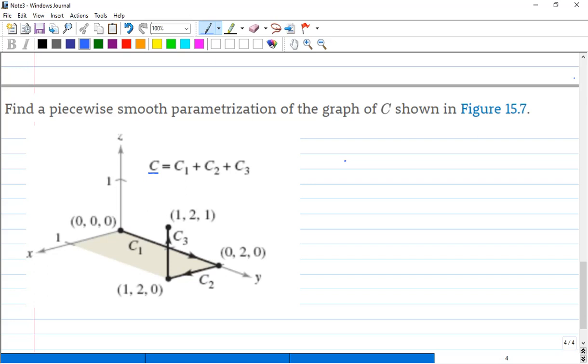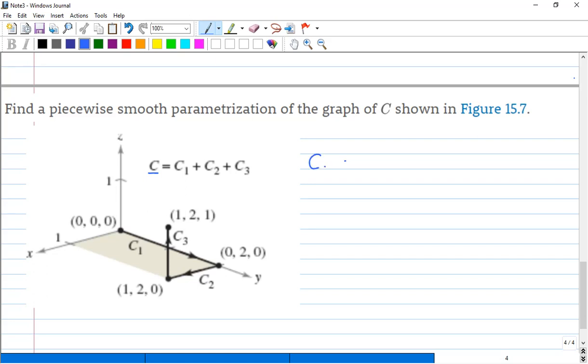Alright, so what we need to do is figure out the equations, how to get from one point to the next point, like from the first point to the next point.